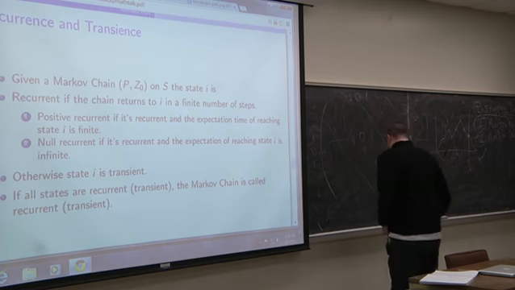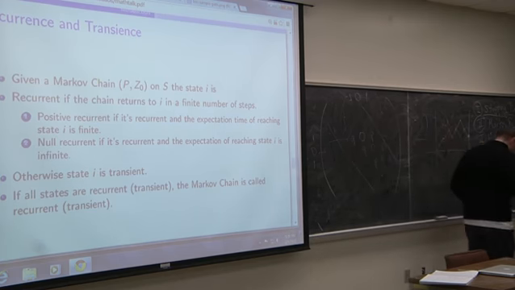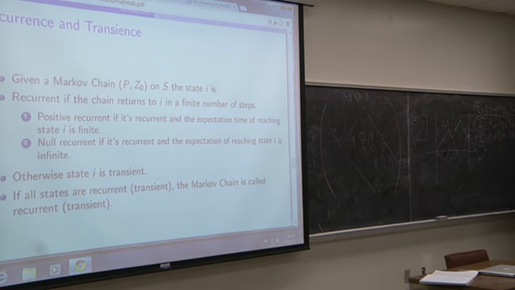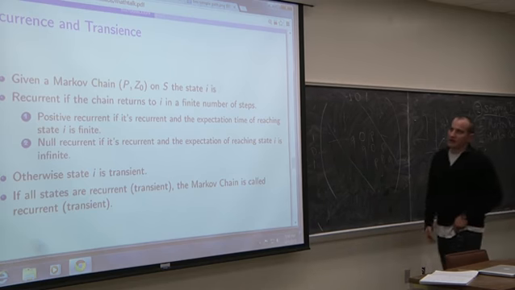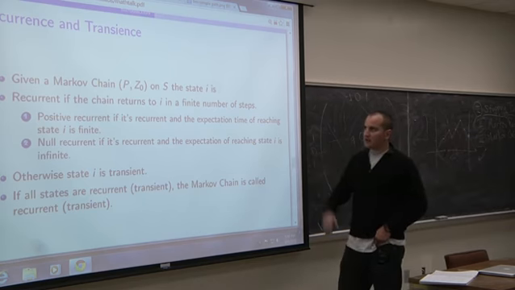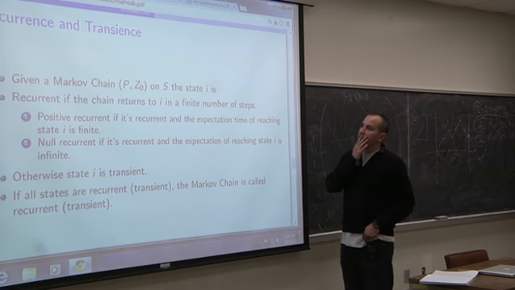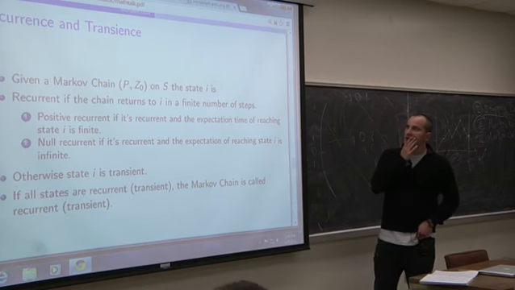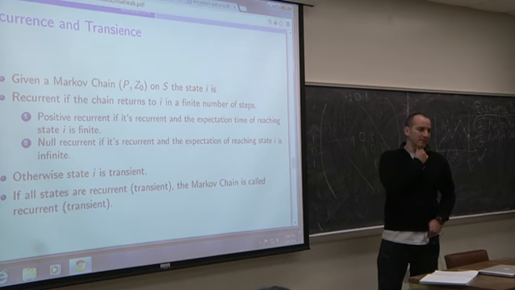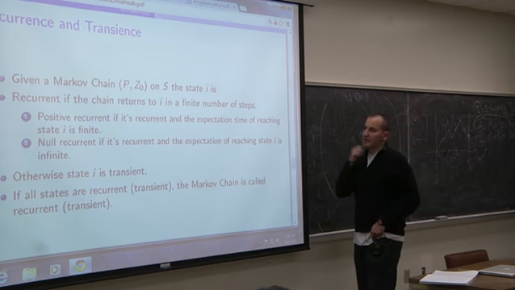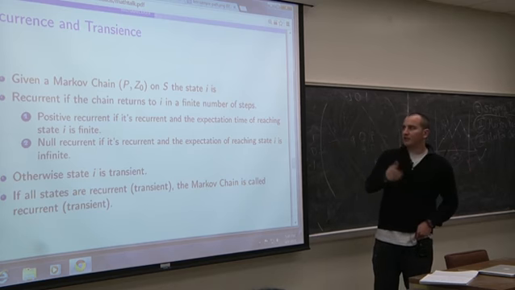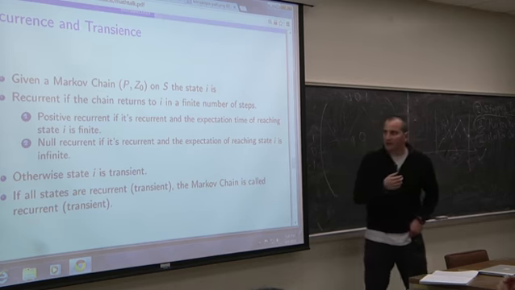So when we study Markov chains, we start asking questions about the characteristics of that Markov chain. We can always define it by a transition matrix, Markov matrix, stochastic matrix, whatever you want, and an initial distribution. And we say that a state i is recurrent if the chain returns to i in a finite number of steps. It is positive recurrent if it's recurrent and the expected time of reaching the state i is finite.